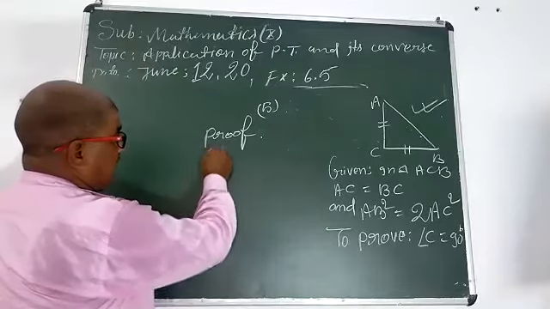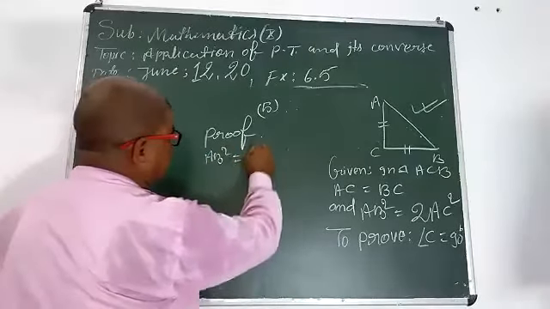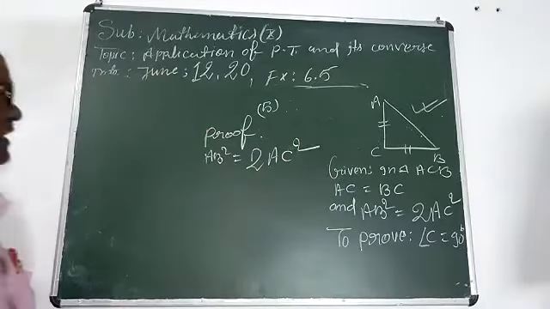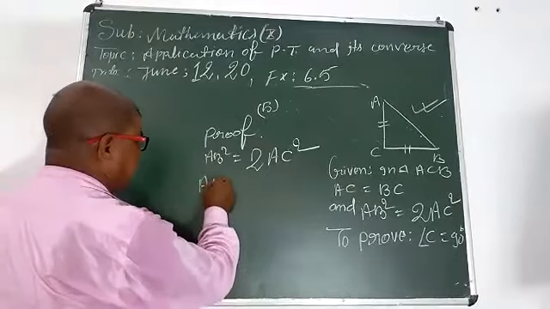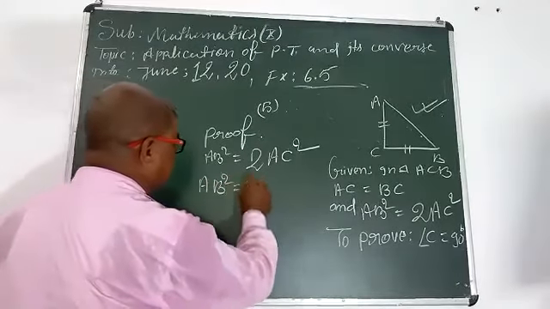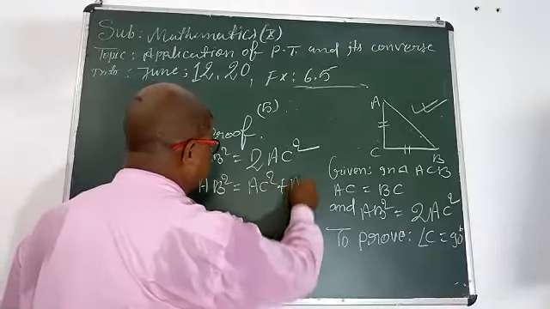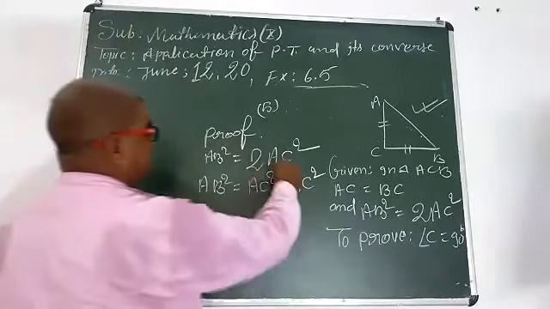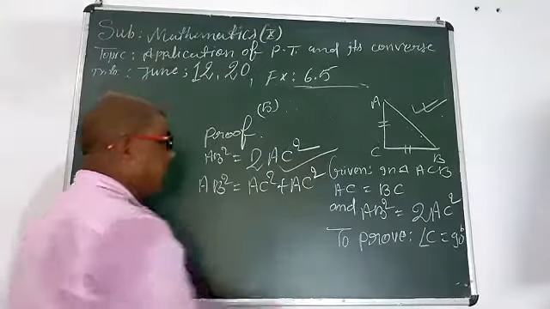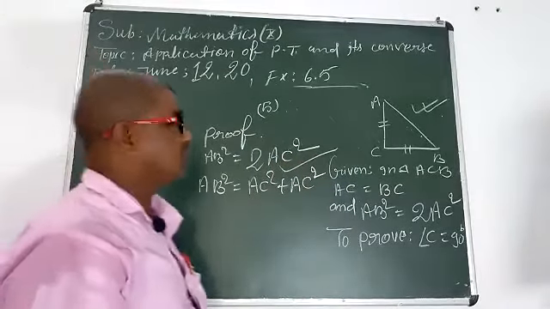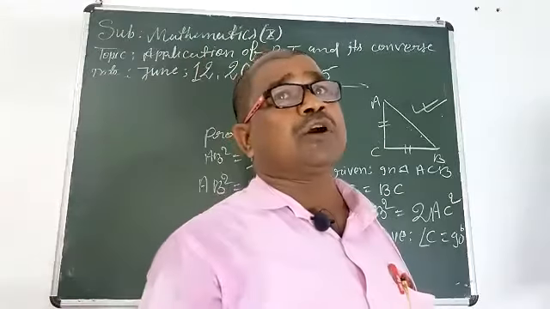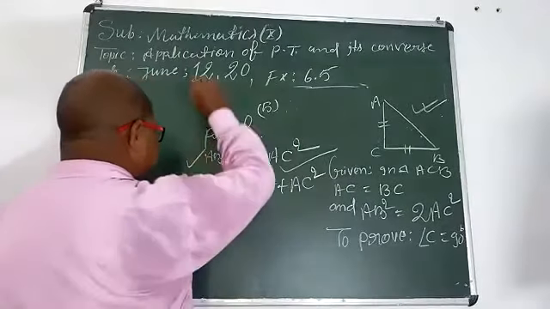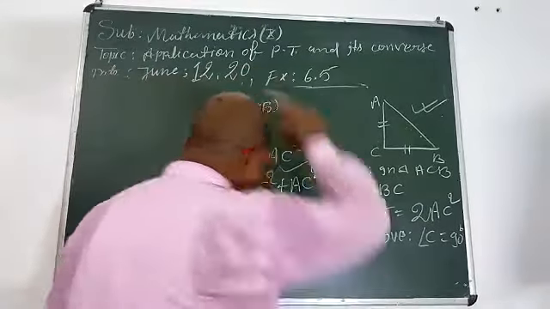Since AB square equals 2AC square, you can write AB square equal to AC square plus AC square. 2AC square means AC square plus AC square. You want to go to the converse of Pythagoras, so you should readjust the given statement in this way.